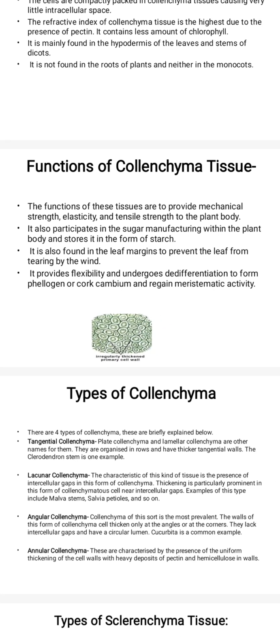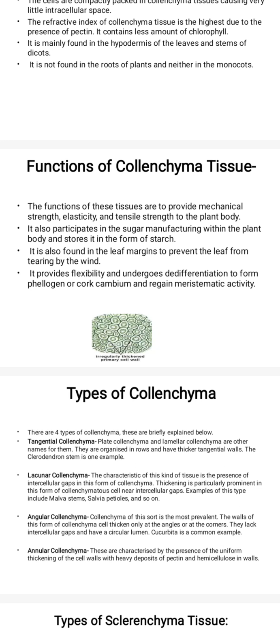The functions of these tissues are to provide mechanical strength, elasticity, and tensile strength to the plant body. It also participates in sugar manufacturing within the plant body and stores it in the form of starch. It is also found in the leaf margins to prevent the leaf from tearing by the wind.